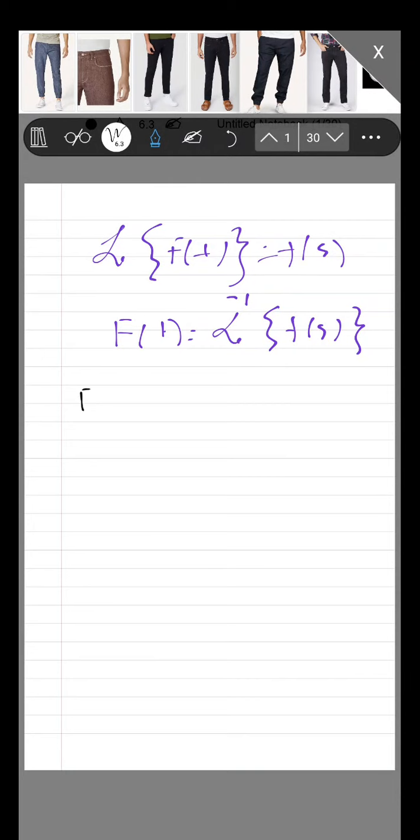If it's a function f(t) that can be say 1, the corresponding F(s) will be 1 by s. If it is t, it will be 1 by s square.